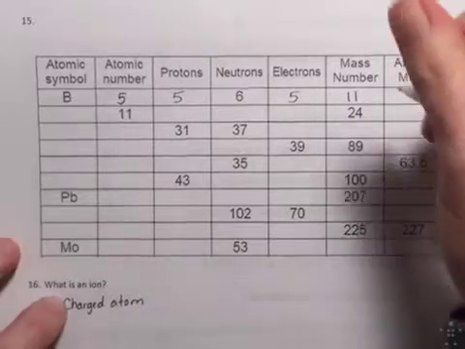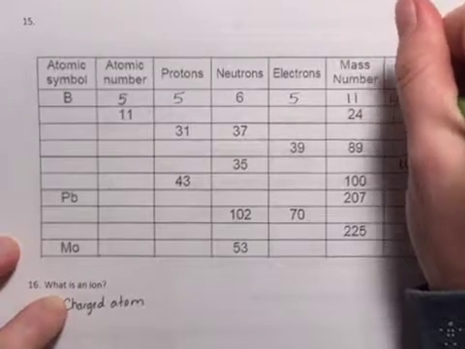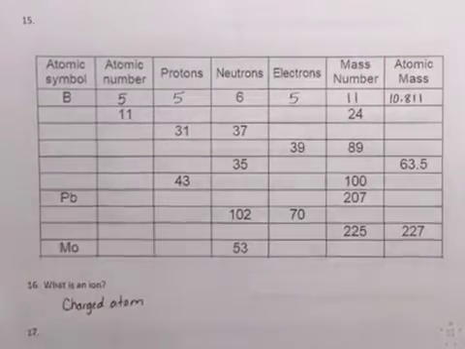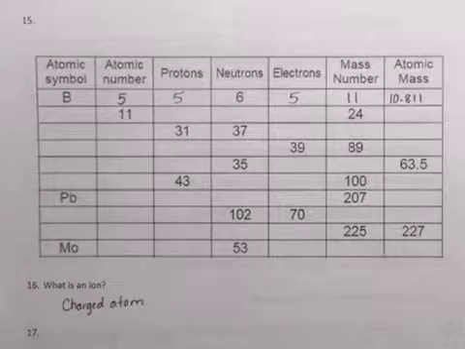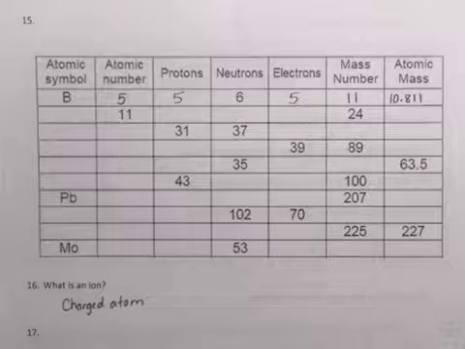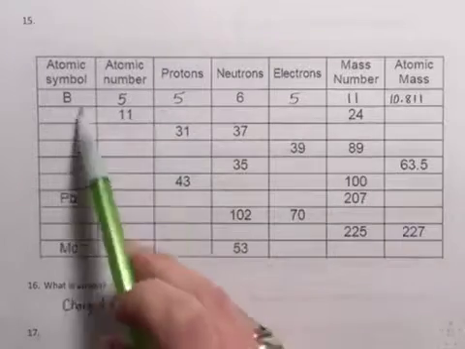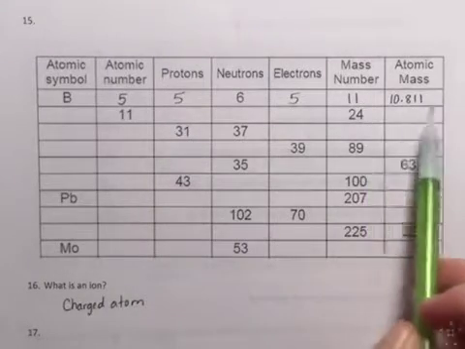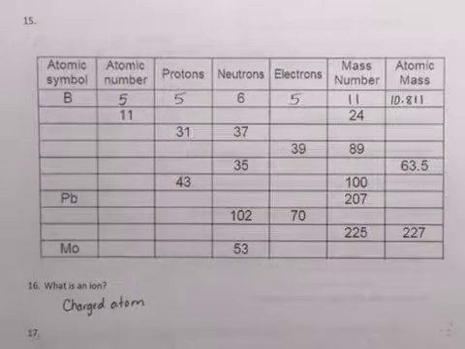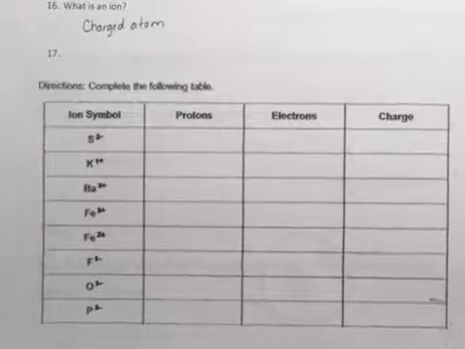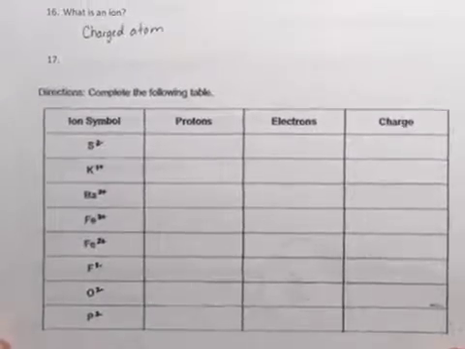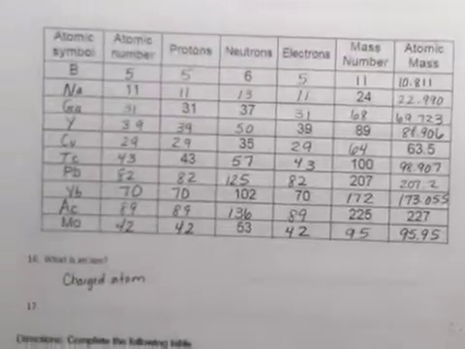And so I look at the periodic table, and the atomic mass of boron, which takes into account all of its isotopes, is 10.811. So that means that this isotope, boron 11, is the most common because the atomic mass is closest to it. So I've completed the chart right here.